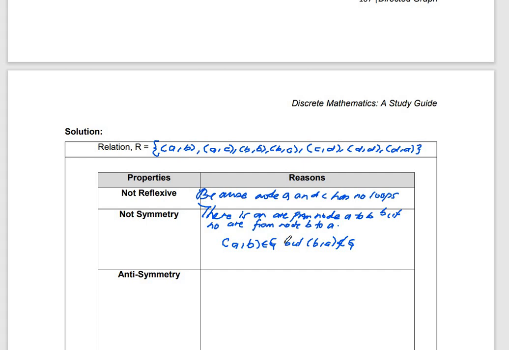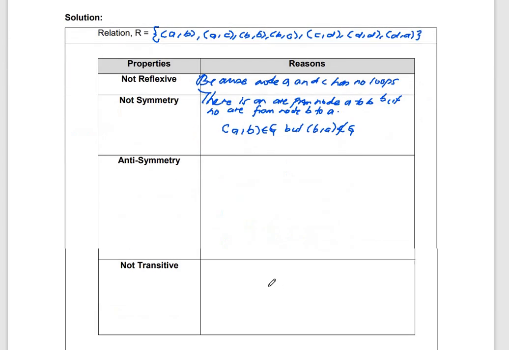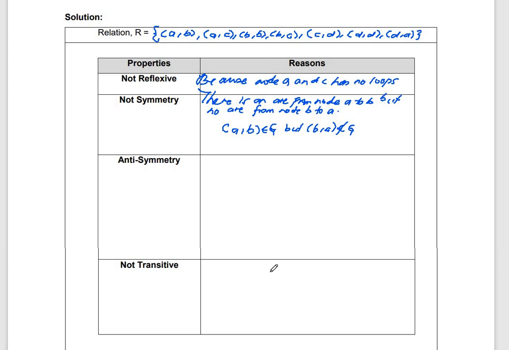Okay. Alright. Is it anti-symmetry? So yes, it is anti-symmetry. Why? Okay, because there exists an arc for every node in G. Sebab ada arc untuk setiap nodes dalam G. Okay.